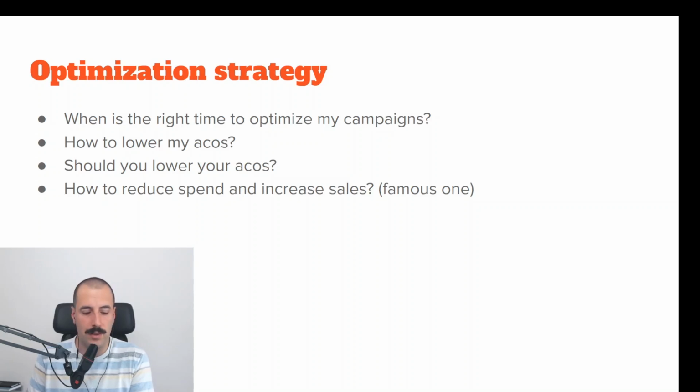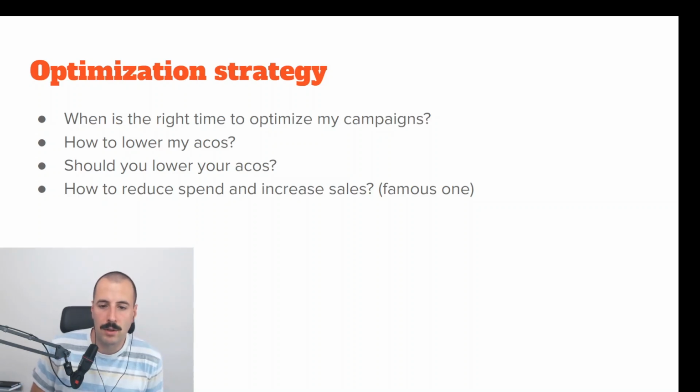But if there are no sales, obviously you don't need to wait for a week to accumulate hundreds of clicks. The general rule that I follow is that I wait up to 2 times more to see a sale. So if I should see a sale after 4 clicks, I would wait for 8 or 10 clicks to see if something's going to happen.